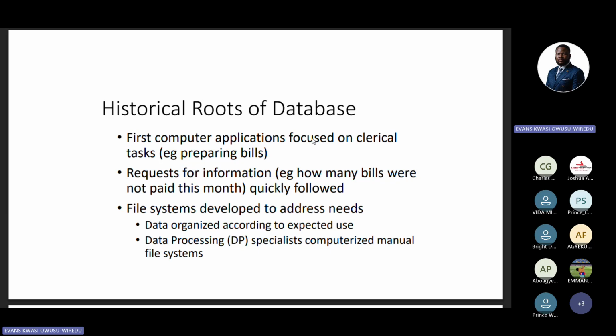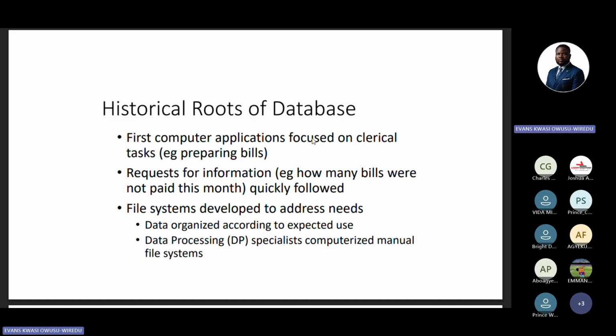So requests for information, like how many bills were not paid this month, quickly followed, right? Then it was followed by the ability to request for information. That means that in the beginning, you couldn't even request for information on the data you had gathered. Let's say you have collected data on the payment of certain things in your company.